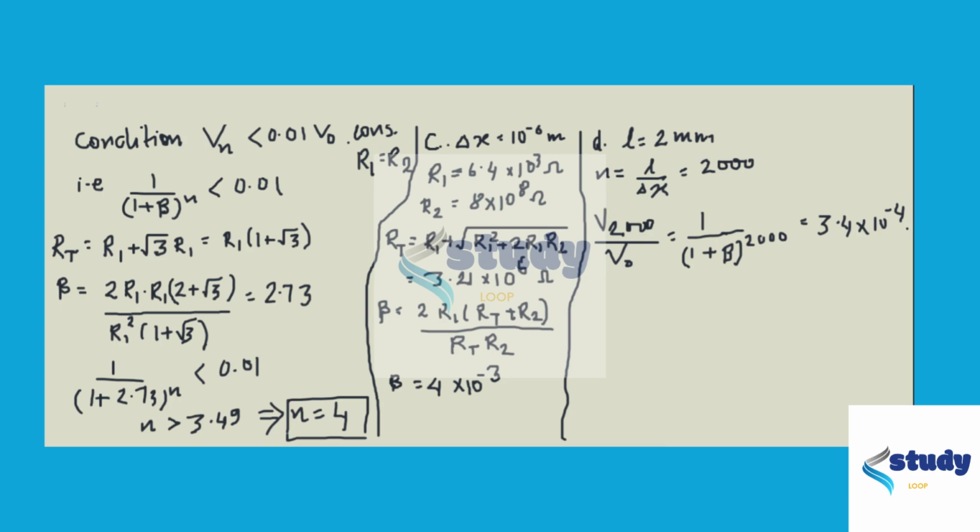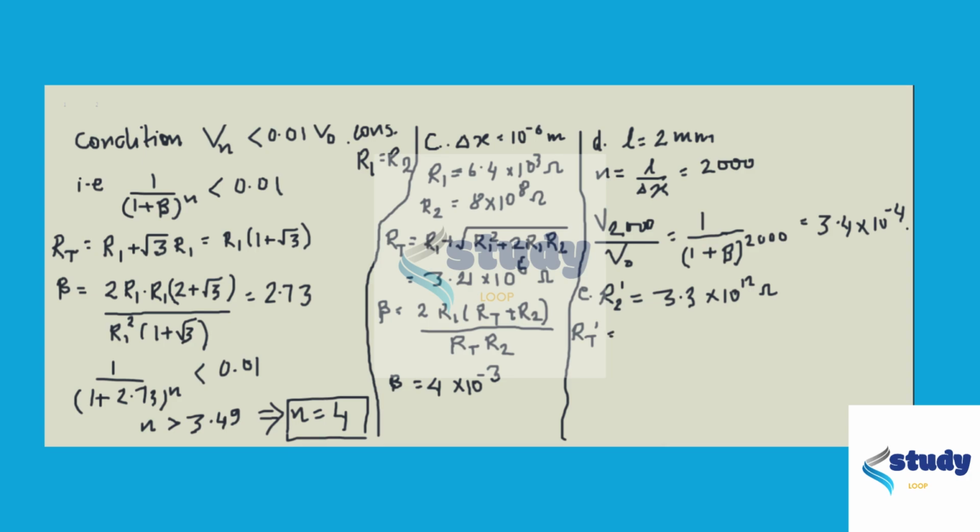Isn't it? Okay. Now for part E of the question, it says that there is a coating that increases the resistance of R2, and R2, let me call that R2 prime, to be 3.3 into 10 to the power 12 ohms, and this also changes the RT.